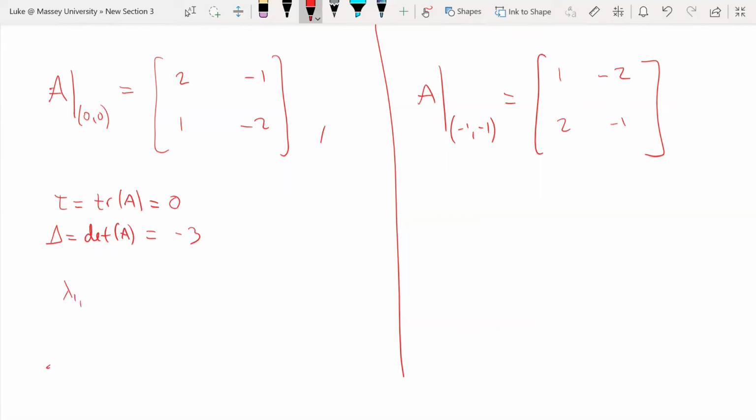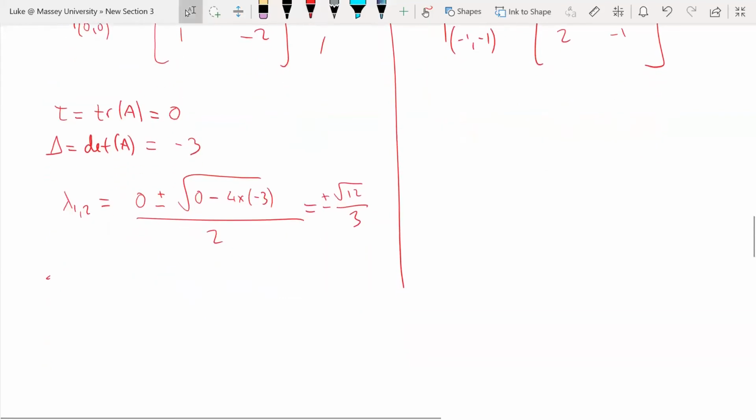My lambda1, lambda2 is equal to tau plus or minus, so 0 plus or minus the square root of 0 squared, which is 0, minus 4 times -3, all over 2. Which of course is, what is it going to be? 0 minus -12, so I get the square root of 12 over 3, plus or minus the square root of 12 over 3.